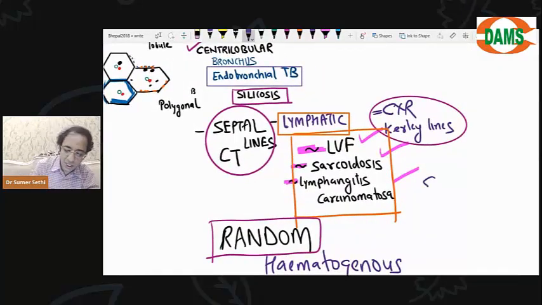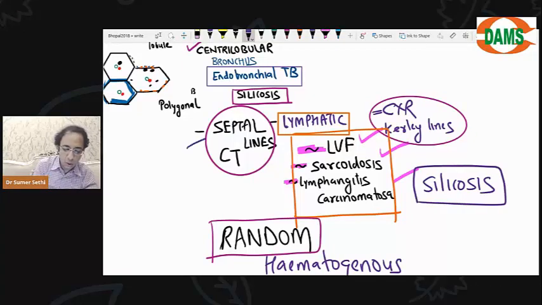So that means silicosis will also have lymphatic engorgement, and it can also lead to septal lines, curly lines in the image. Do you understand now? In silicosis, the disease starts with endobronchial lesions. So it starts with centrilobular lesions and progresses on to septal lesions. So we'll have both kinds of findings in silicosis.